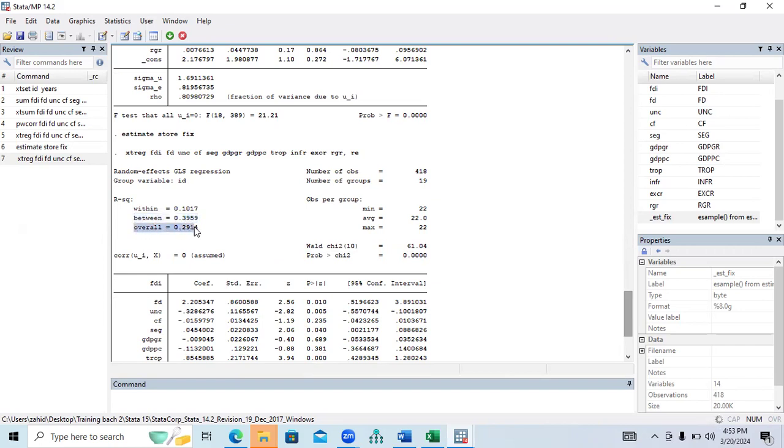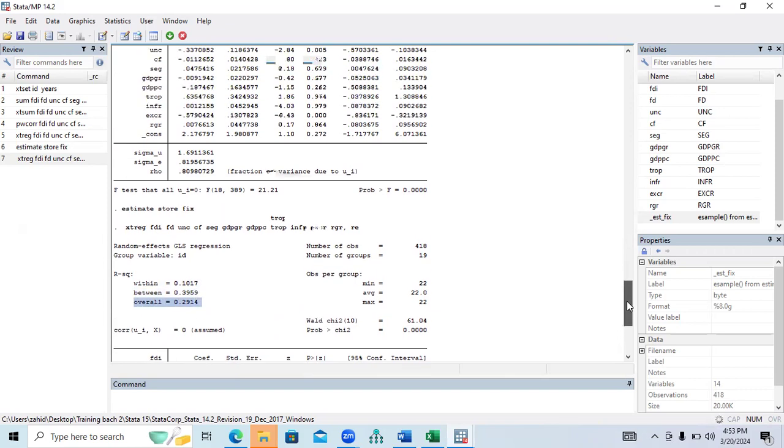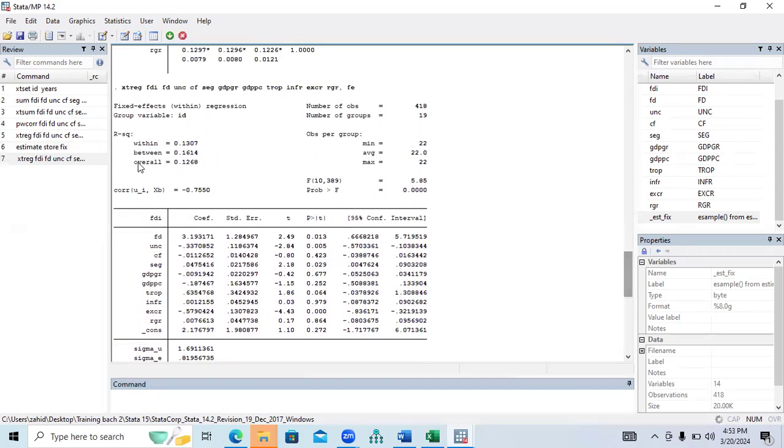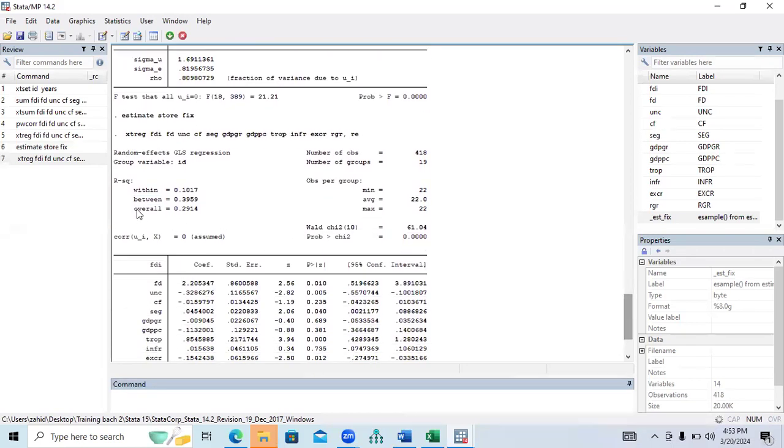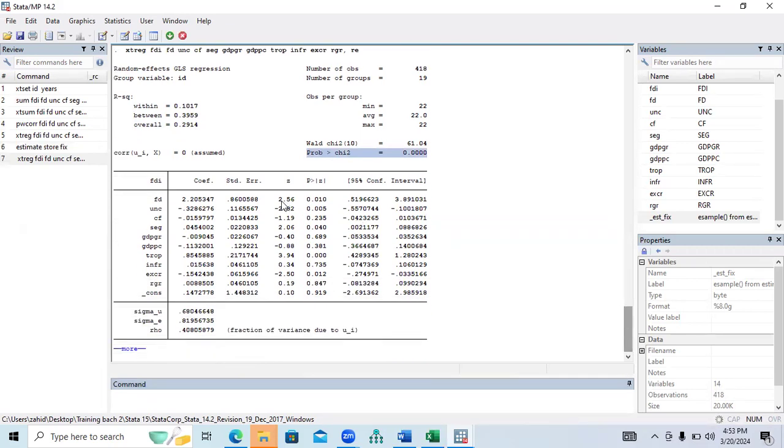And the overall R square has also increased compared to the fixed effect model. The overall R square was 13% approximately if we round the figure. But in this case, the R square is approximately 29%. The model is statistically fit. You can see a lot of variables significant here.